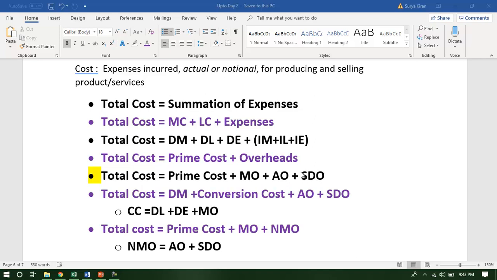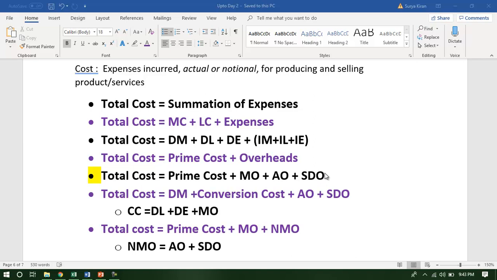If we use this classification, then we can present the total cost as prime cost plus MO, manufacturing overhead, plus AO, admin overhead, plus SDO, sales and distribution overhead.